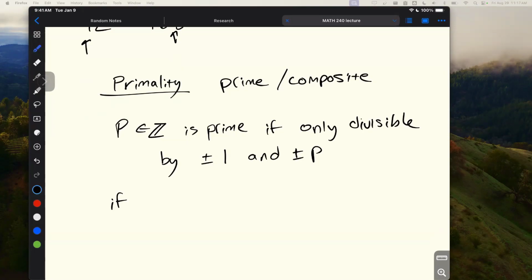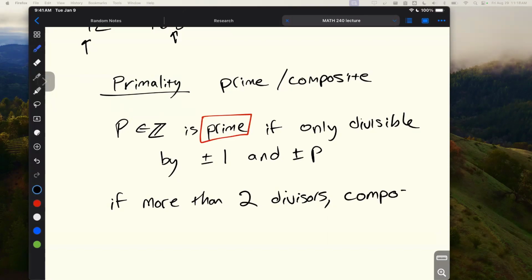So now that we know the term divisor, which means evenly dividing, if there's more than two divisors, then it's, I will box that one, composite. So those are the terms that we use.